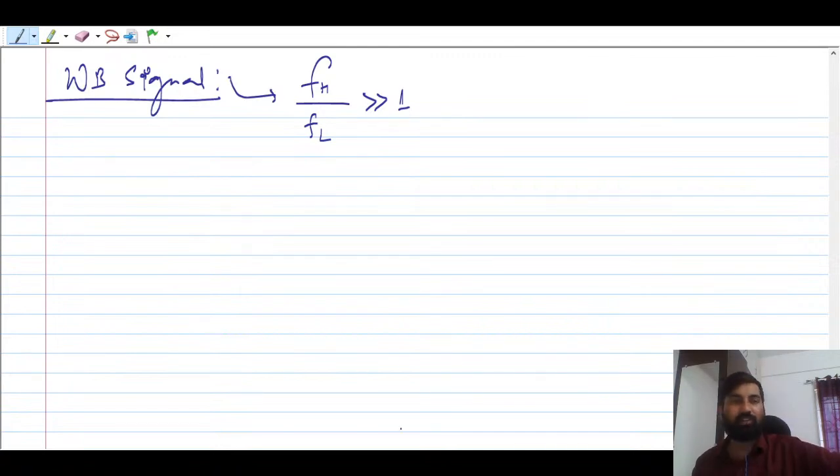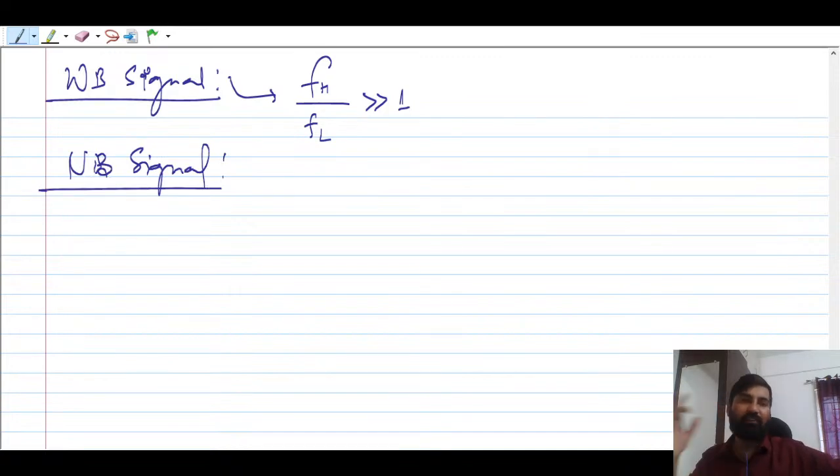Please remember this. And what is a narrowband signal? You will find narrowband and wideband in FM, when we talk about frequency modulation. There are two types of FM: wideband FM and narrowband FM.